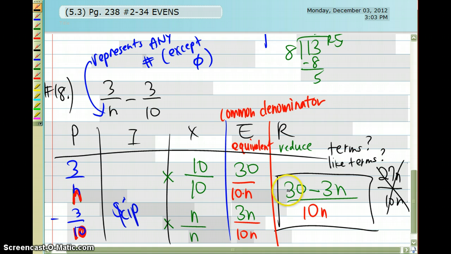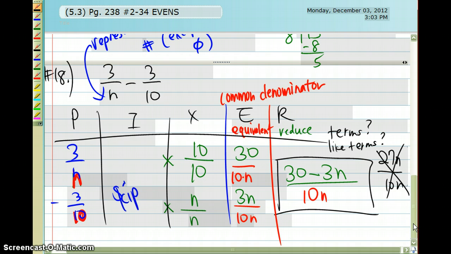Now because 30 doesn't have an n, but the minus 3n does have an n, we actually cannot subtract them. Now, if there were an n next to the 30, then I could get 27n over 10n. However, there isn't. So I'm just going to leave that as is, and that's going to be the answer to my subtraction question.